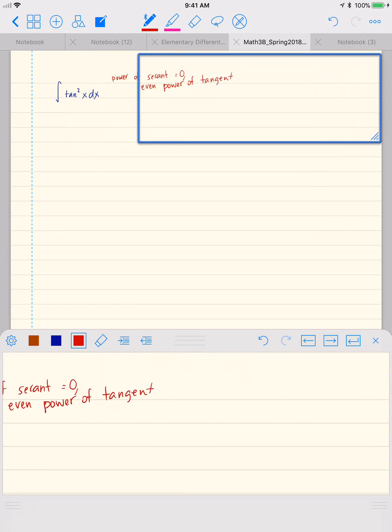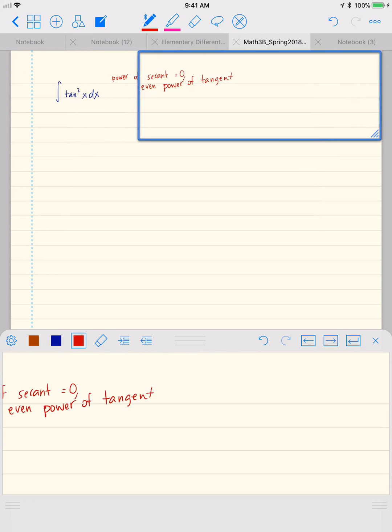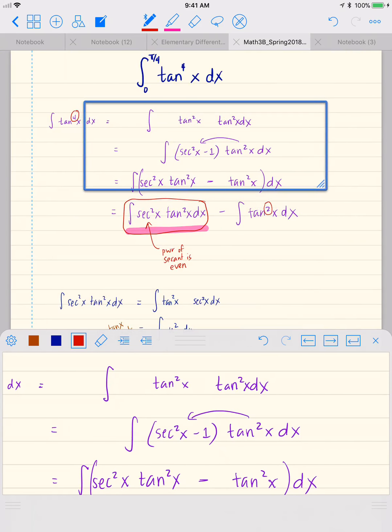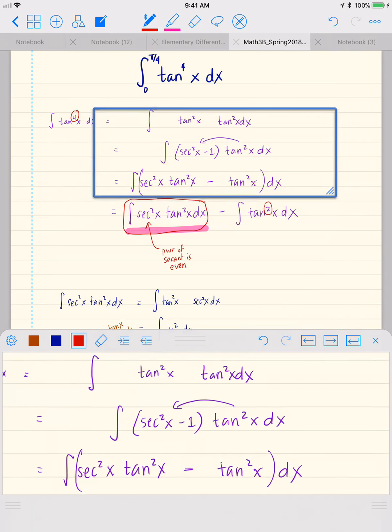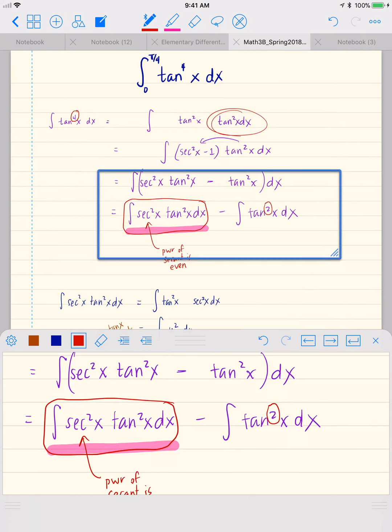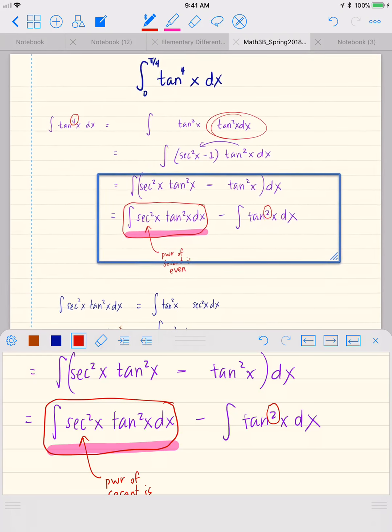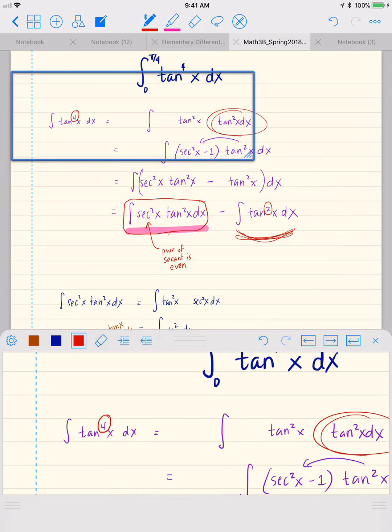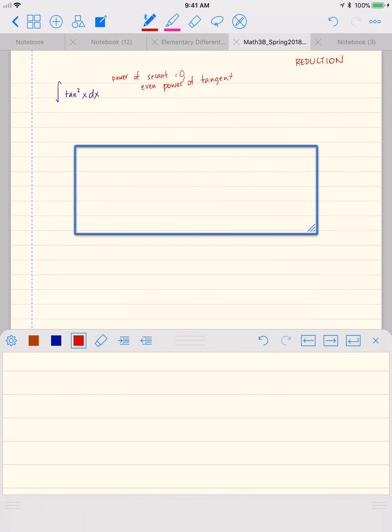So this method is called a reduction method, because each time you apply this approach where you peel off a factor of tangent squared, what you're left with is something that you can integrate over here, and something very similar to what you started off with, but a little easier to work with.